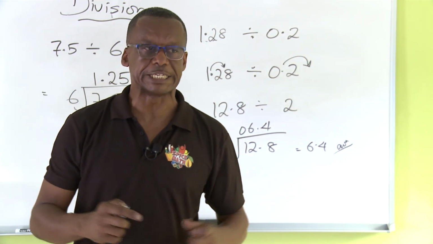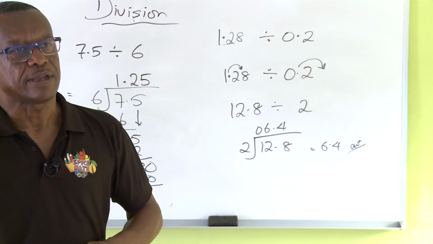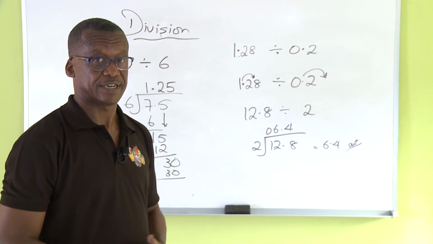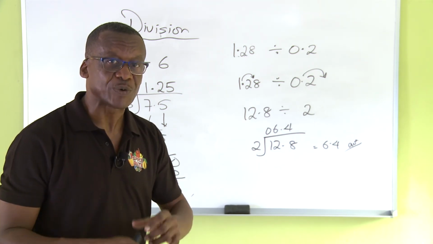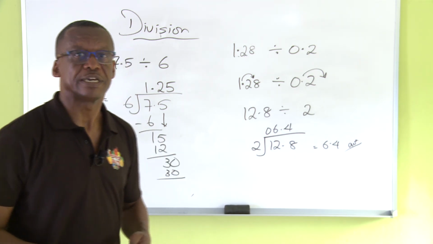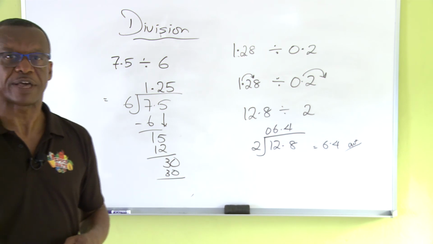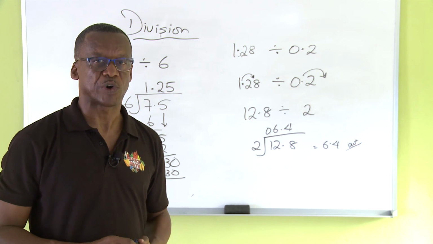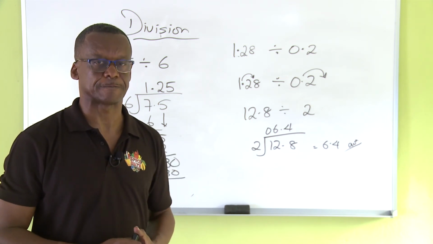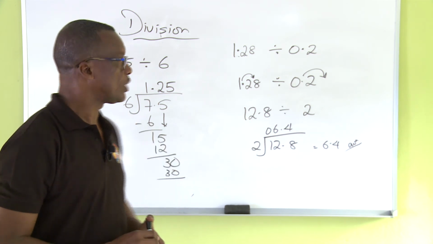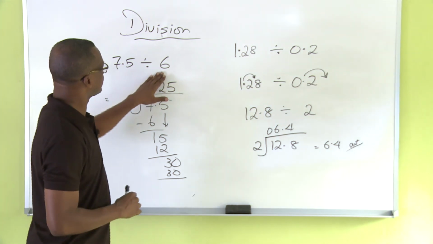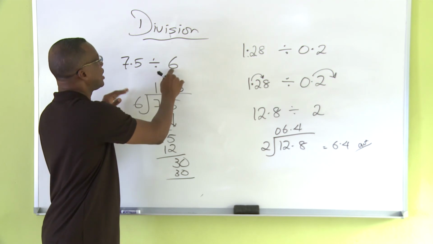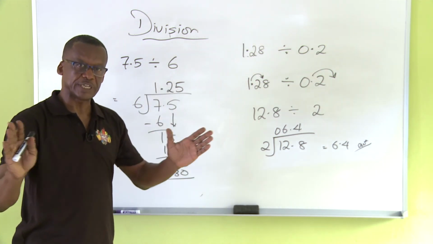So we see clearly that the challenge with dividing decimals comes mainly when the divisor is a decimal fraction, or if it contains decimals. When the divisor is not a decimal or does not contain decimal fractions, as we saw in example 1, there is no need for changes.